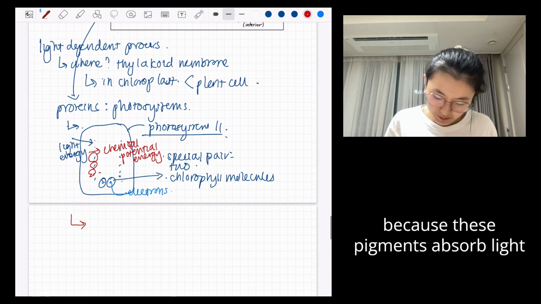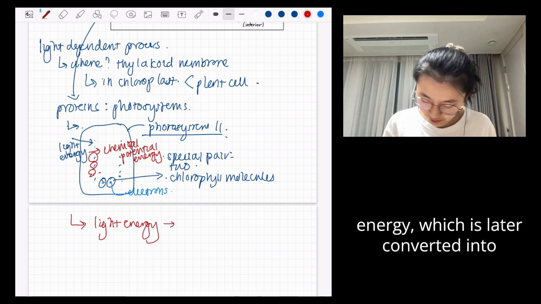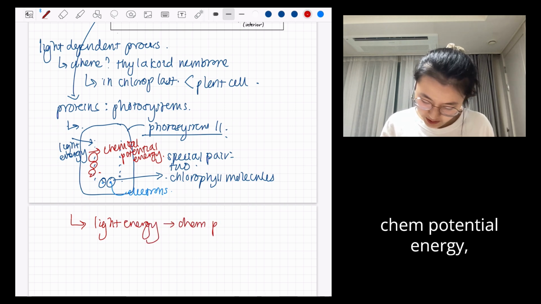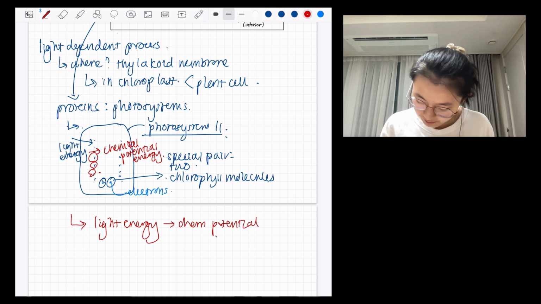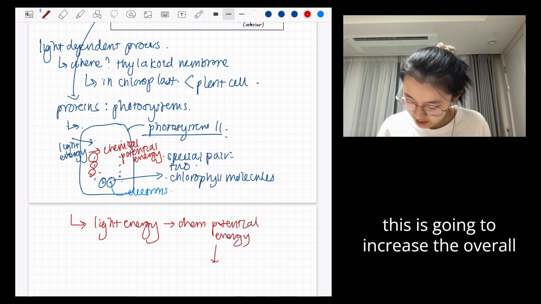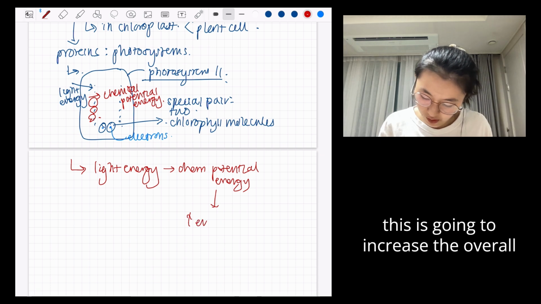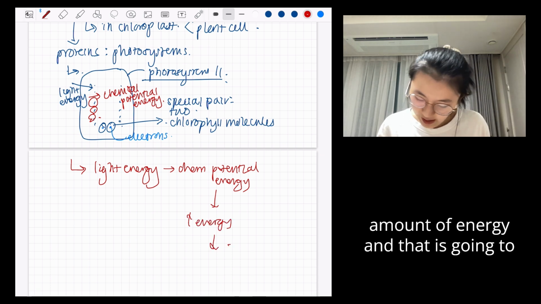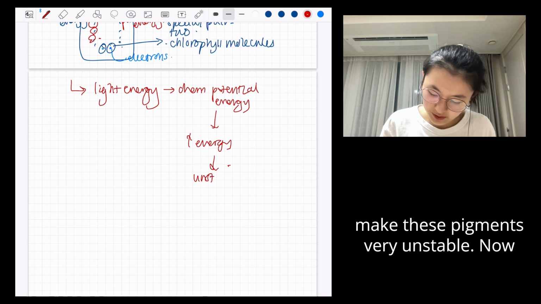So because these pigments absorb light energy, which is later converted into chemical potential energy, this increases the overall amount of energy, and that makes these pigments very unstable.